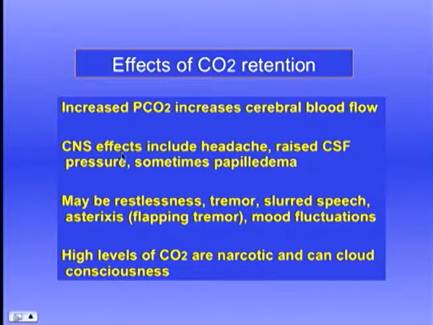Looking at the fundus of the eye, you can see edema at the back of the eye, and that's an indication of the raised pressure in the cerebrospinal fluid. There may also be restlessness and tremor and slurred speech. And occasionally there's asterixis, a flapping tremor.